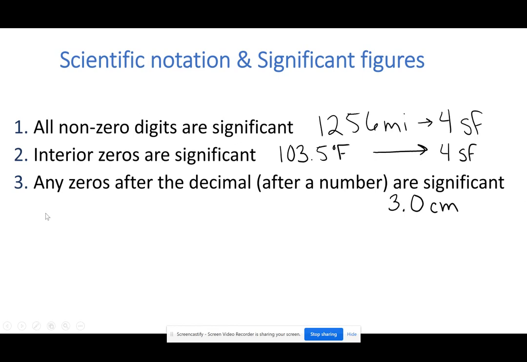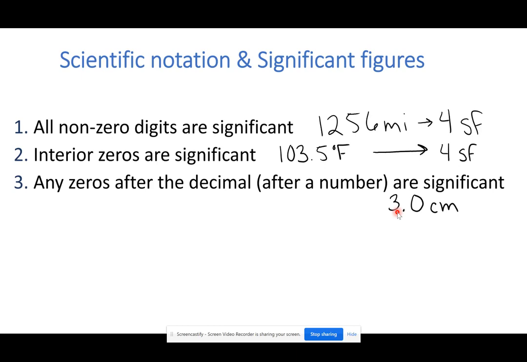What we see here is that we have a 0 after the decimal, after another number. Whatever instrument I used gave me that 0 value. This happened to fall right smack on that 0. It's significant. The instrument told me that it fell on that 0, so that's why we went ahead and put it down.